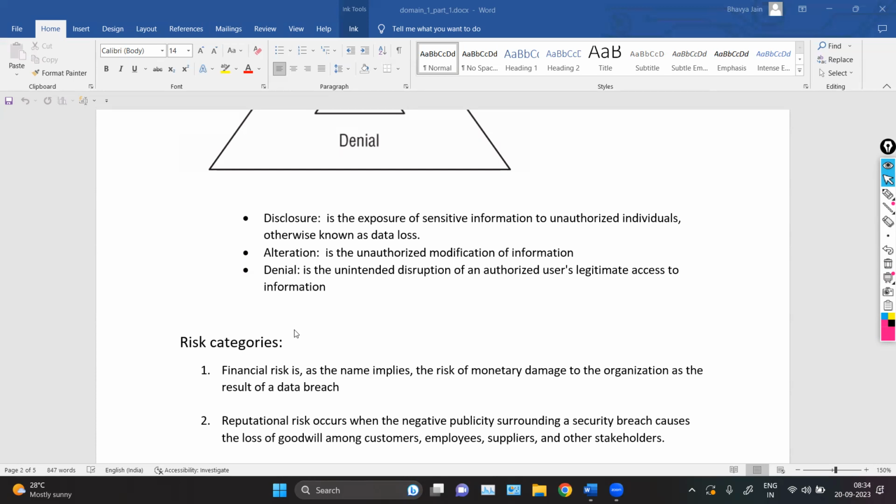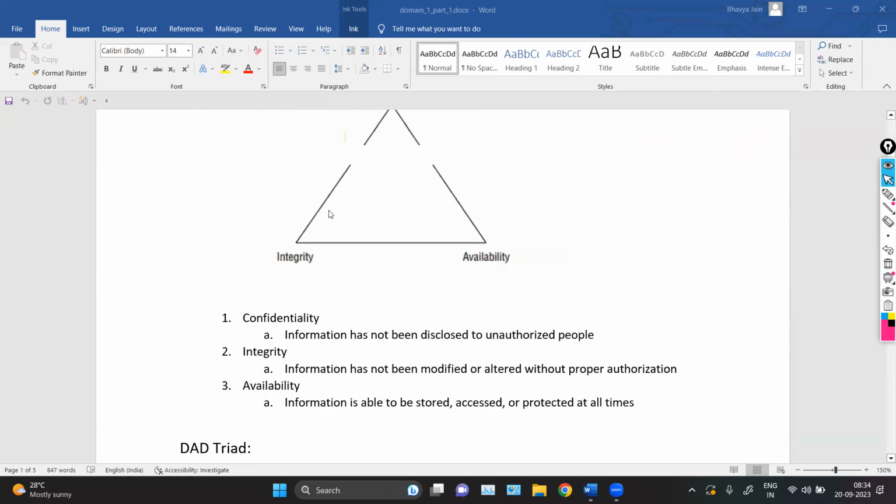These incidents may occur as a result of attacks, human error, or natural disaster. It can be anything. That is part of a data breach. A breach is all about violation of confidentiality, integrity, and availability.